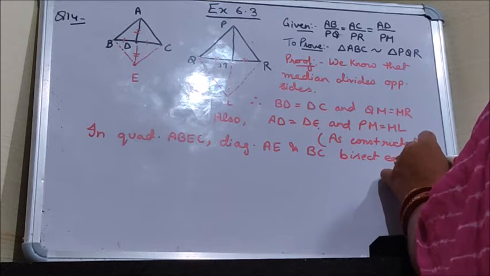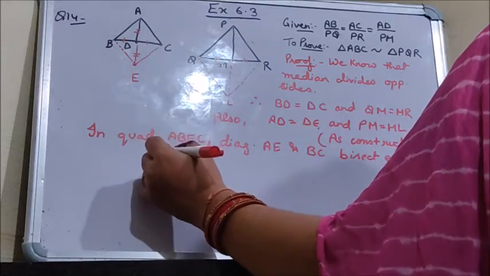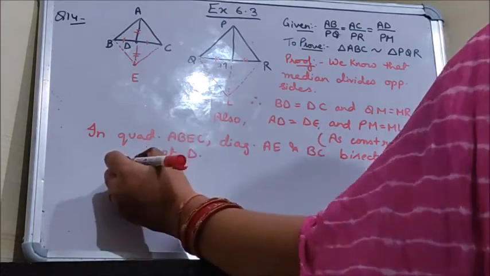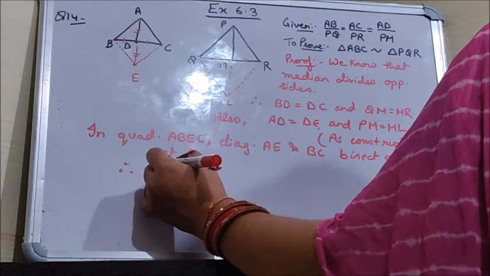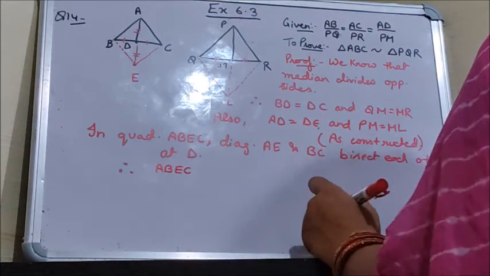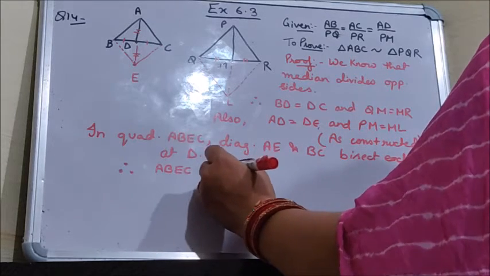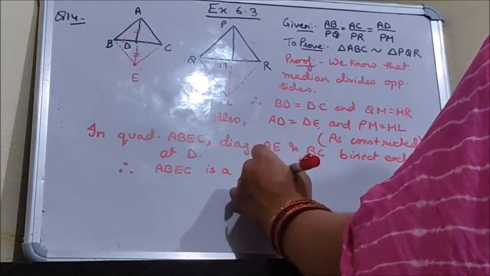Therefore ABEC is a parallelogram, because in a parallelogram the diagonals bisect each other.